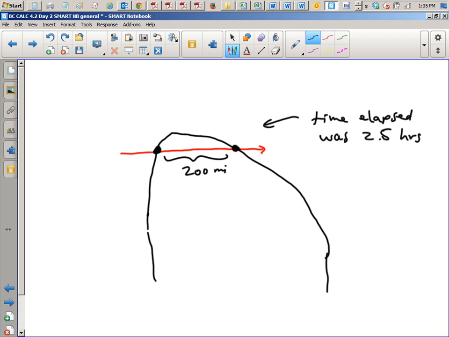We could get the average speed of your journey through the top of the state. You would just say that your average rate is 200 miles in 2.5 hours. You guys agree? So what is 200 divided by 2.5? 80.